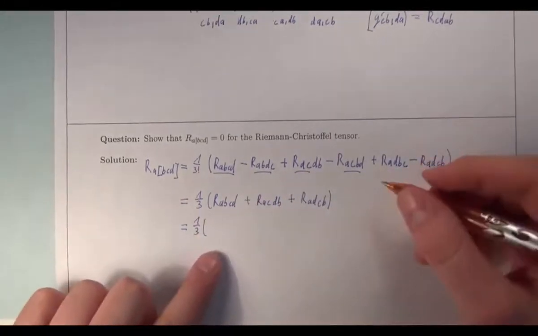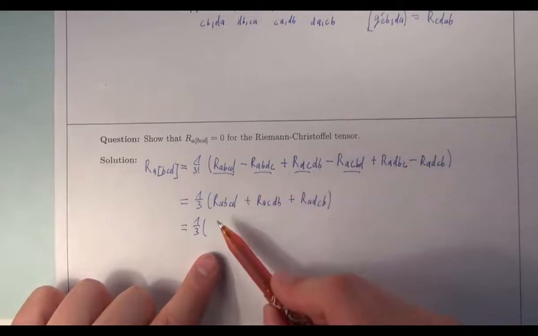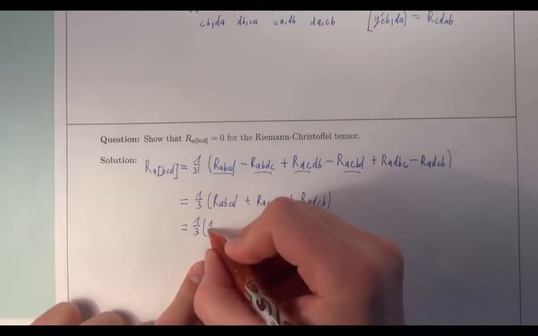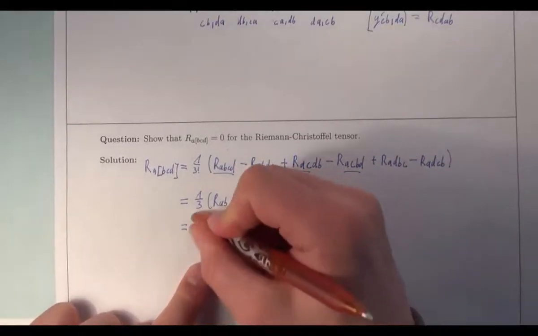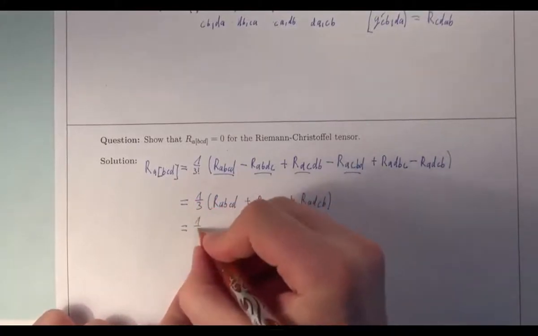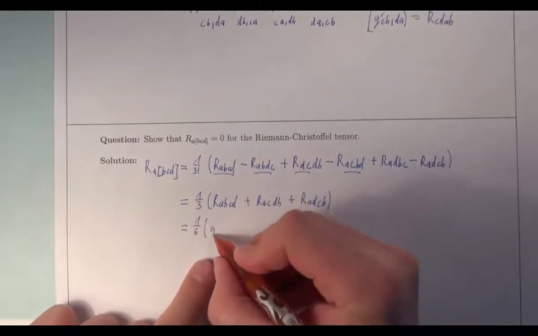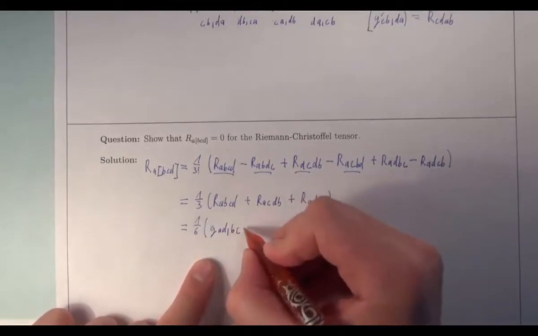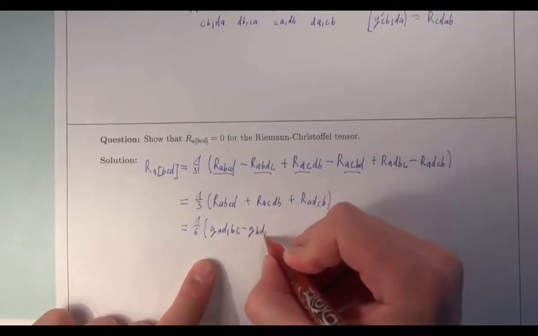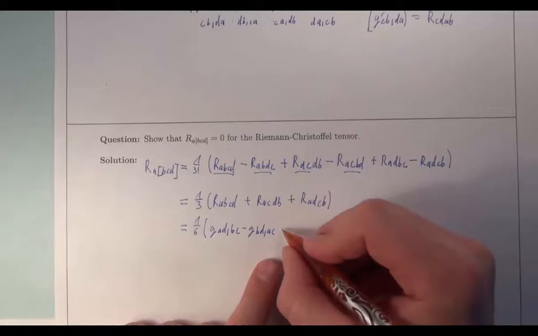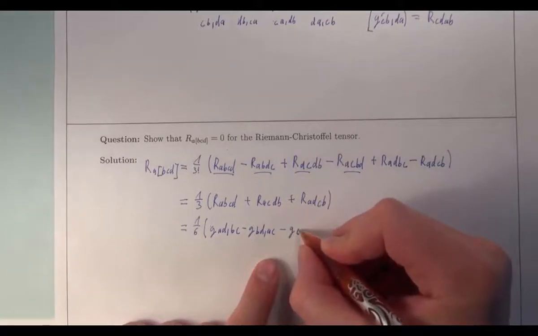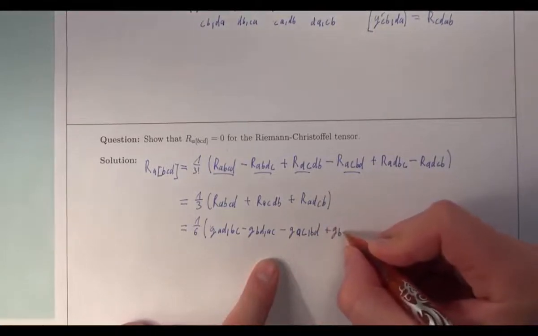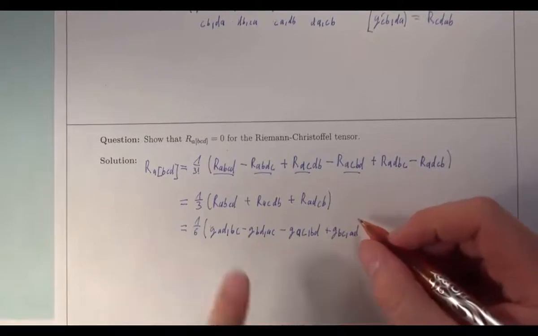Okay, just kidding. We now plug in the result from the second question. What was that? R, A, B, C, D was a half, but I get it in each term. So it's 1 over 6 of G, A, D, B, C minus G, B, D, A, C minus G, A, C, B, D plus G, B, C, A, D. That was the first one.